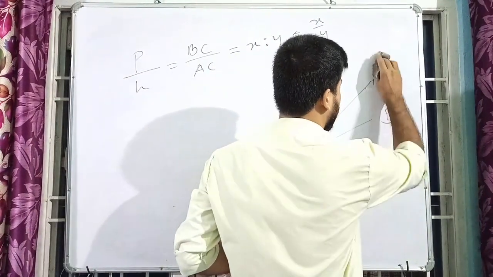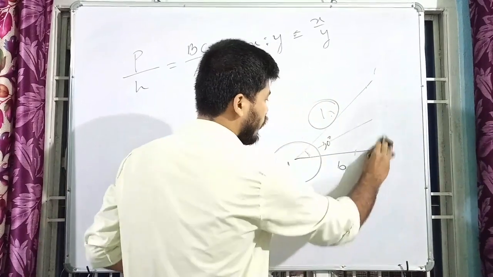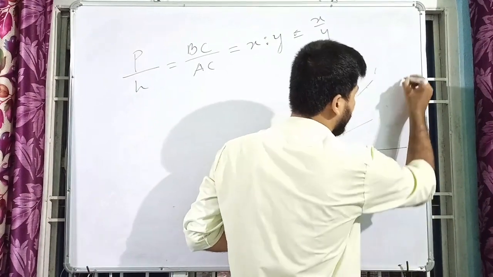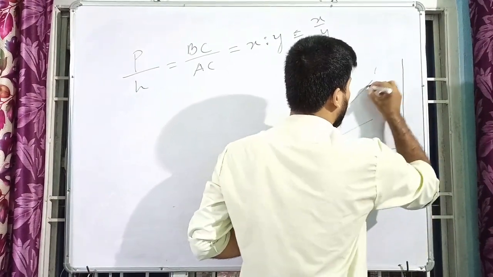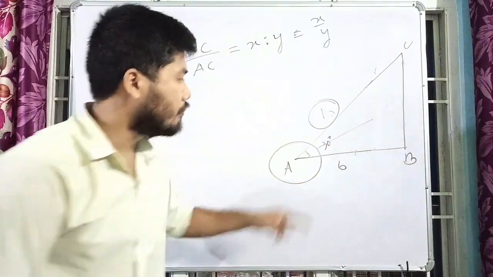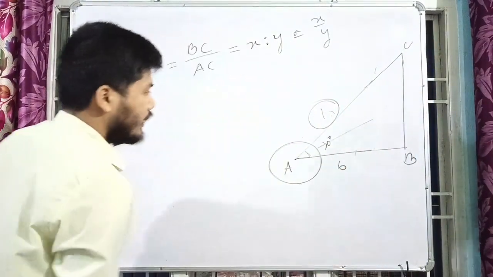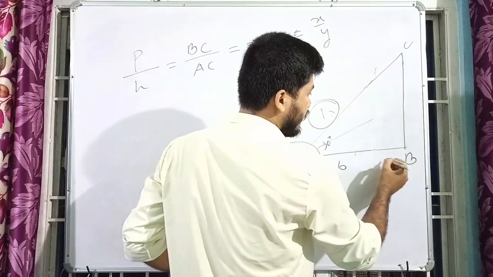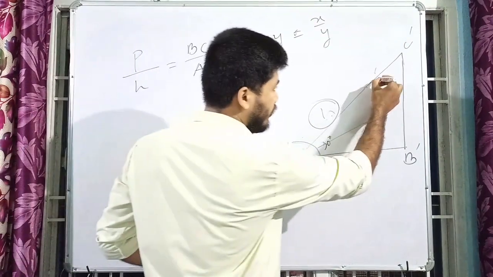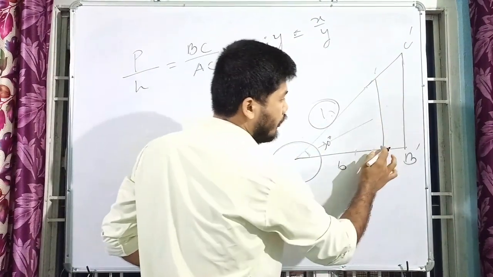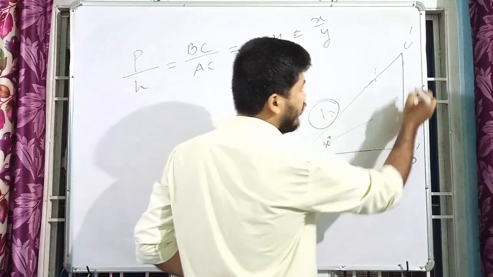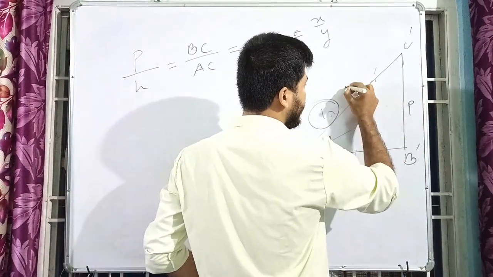Now the interesting thing is that if we keep the angle the same and extend the sides, the triangle becomes larger. Say this is B dash and this is C dash. Earlier it was BC, now we extend it to B dash C dash, and the angle is the same, 30 degrees. This is your perpendicular and this is your hypotenuse.